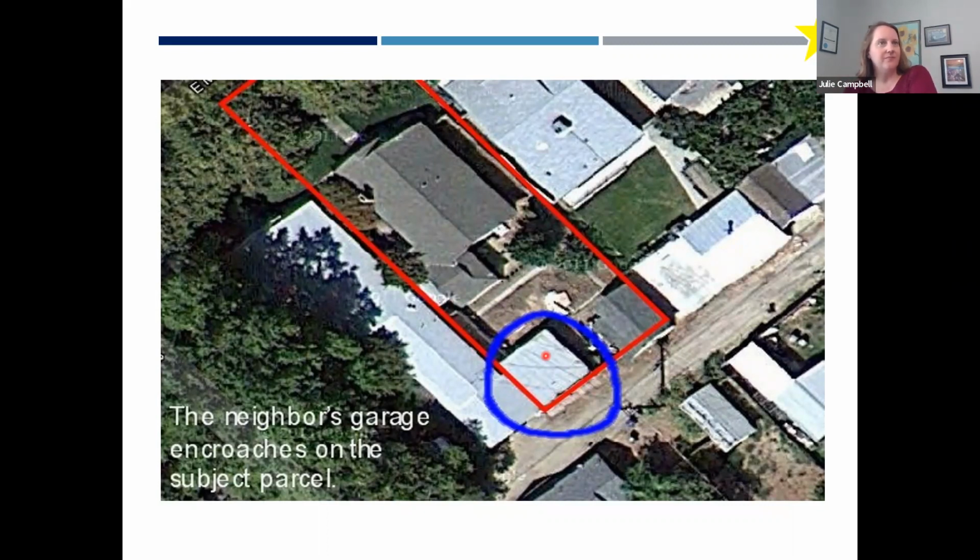Yes, ma'am. Is it Ashley? I want to make sure I say that right. Yeah, that's right. So with this image, there is an encroachment on their property. So would they be able to sell that property to them? So they could keep that if they wanted to? Like the property that the garage is on?